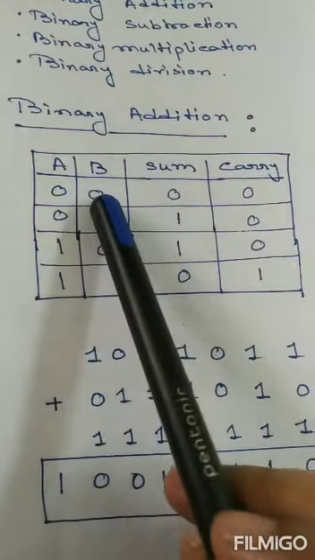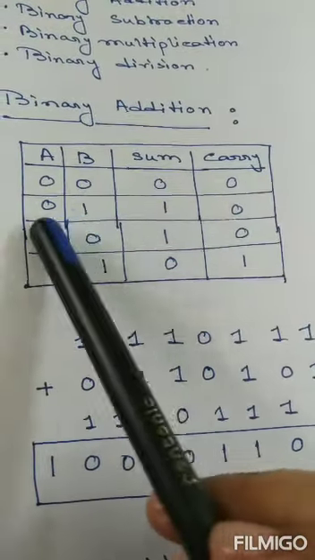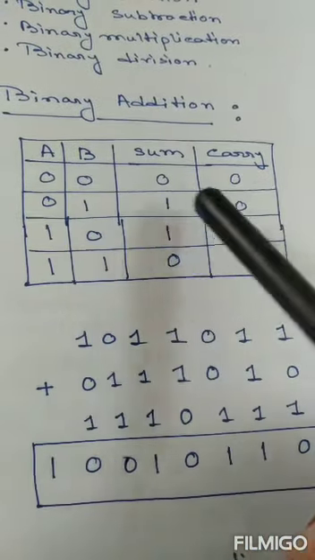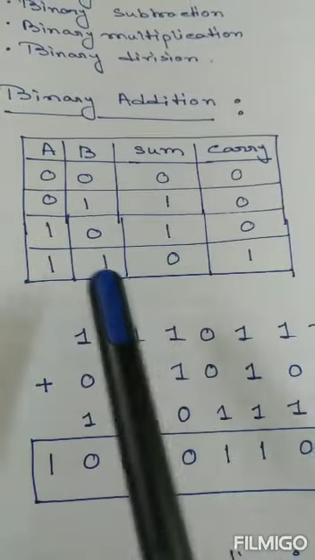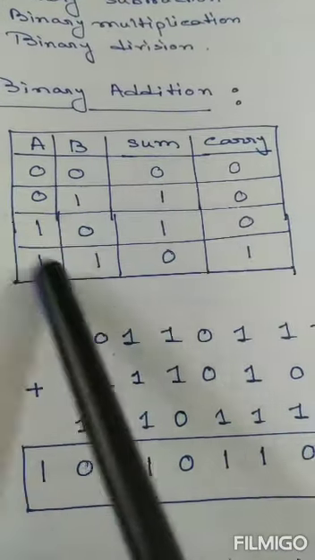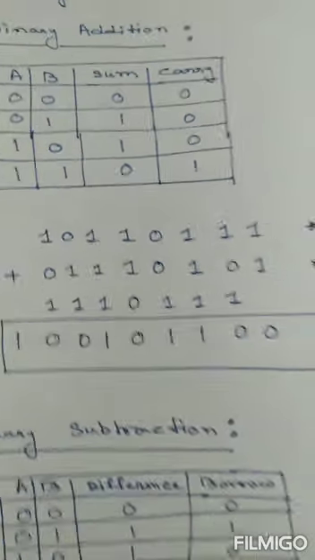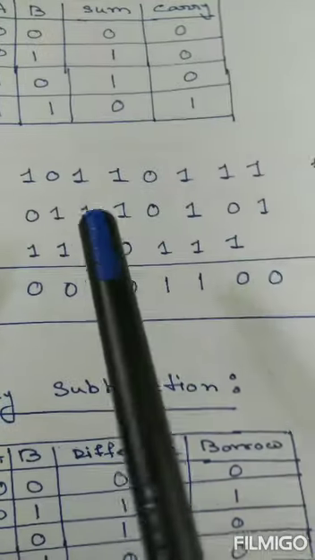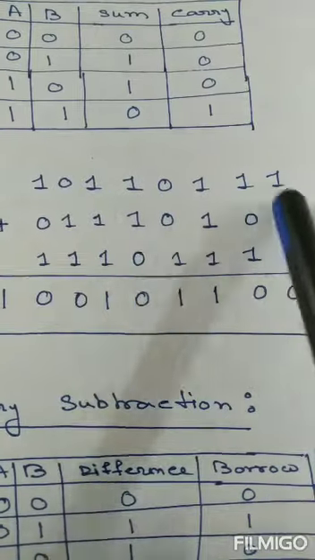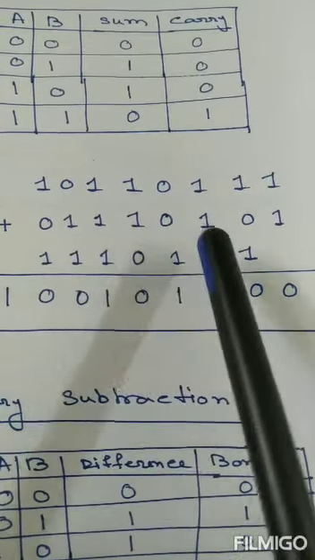So first, 0 plus 0, sum is 0, carry is 0. 0 plus 1, sum is 1, carry is 0. 1 plus 0, sum is 1, carry is 0. 1 plus 1, sum is 0, carry is 1. Always remember the table. Okay. Now take an example. The first number is 1011 and the second number is 01110.